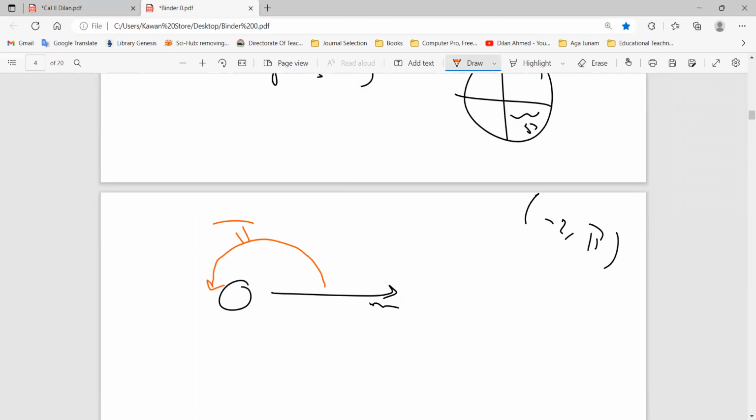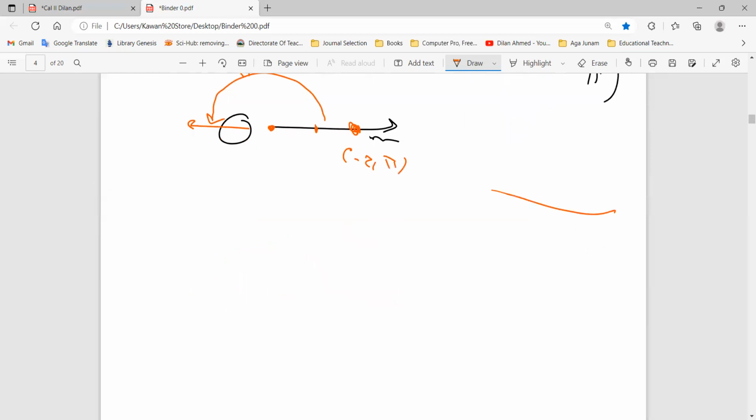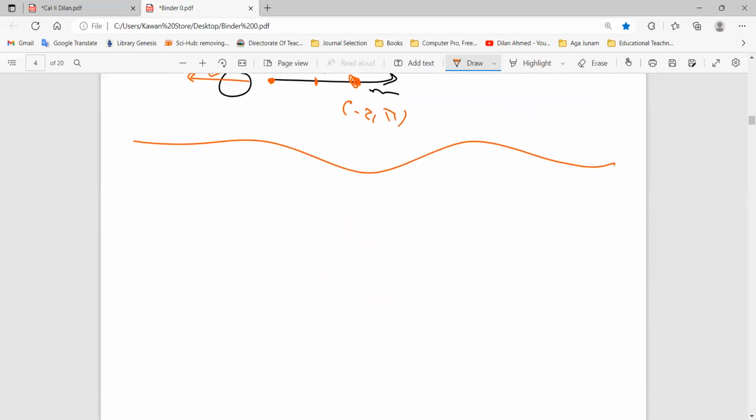But when you say minus, instead of going in that direction, I'm going backward. Instead of forward, I'm going backward from here. So I say -1, -2. That point is -2 and pi. Understood? Pi and -2. Question? Good. Okay. No question?